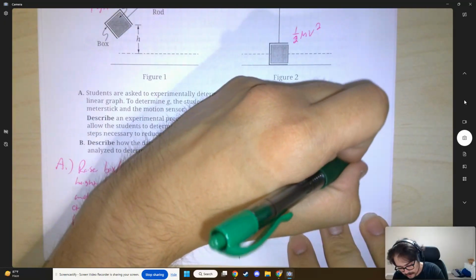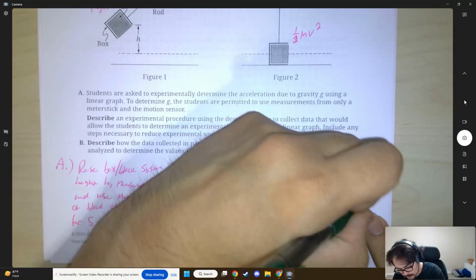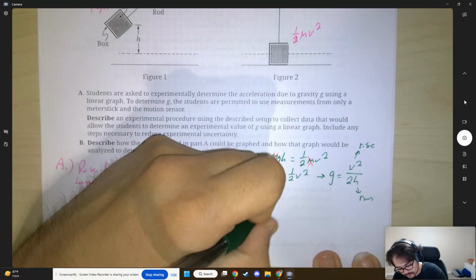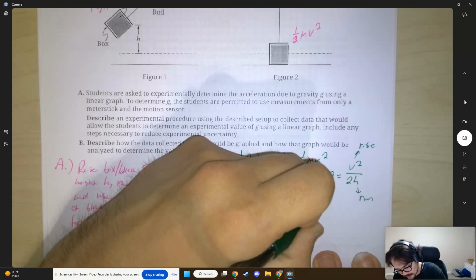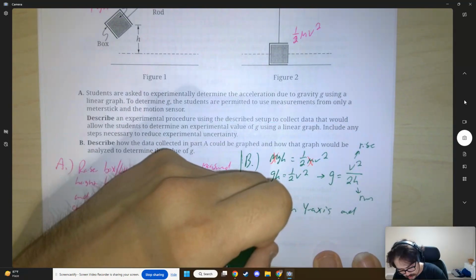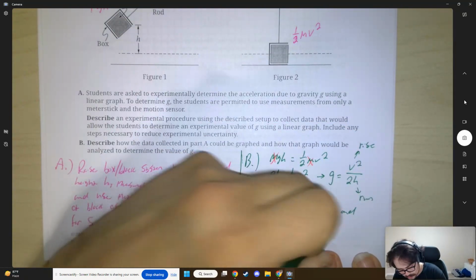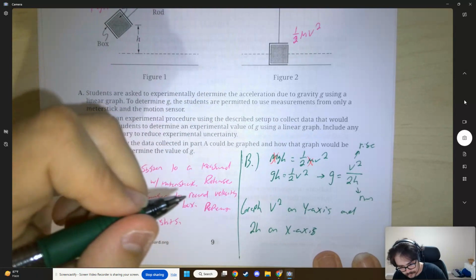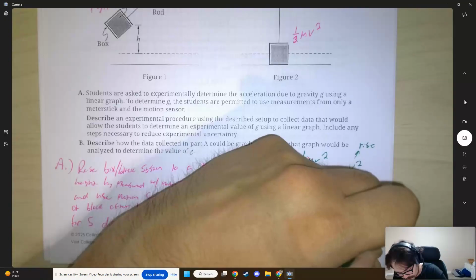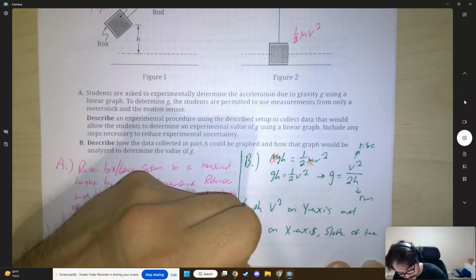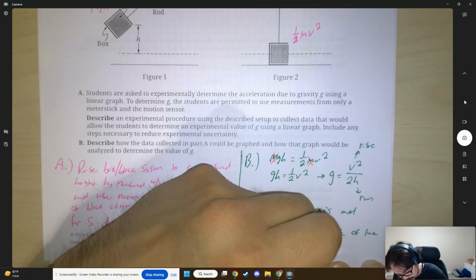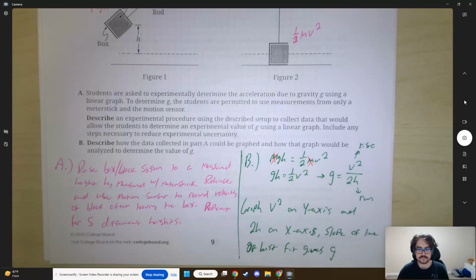This right here is my rise, this right here is my run. So I would say graph v squared on the y-axis and 2h on the x-axis. Slope of line of best fit gives g.